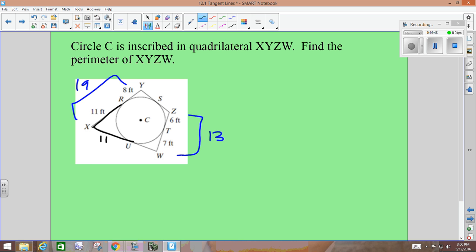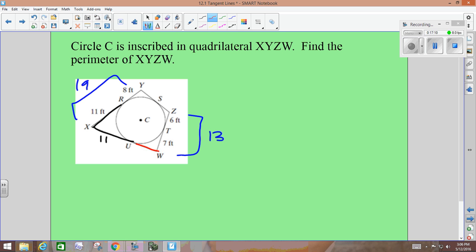Okay. But then I got to figure out what UW is, Sam. Sam, CUW? Where does it start at? Yeah, it starts at U and goes to where?